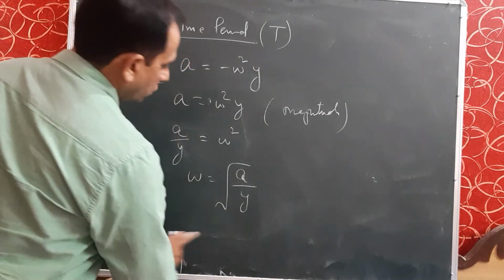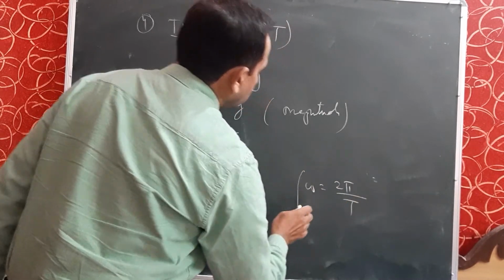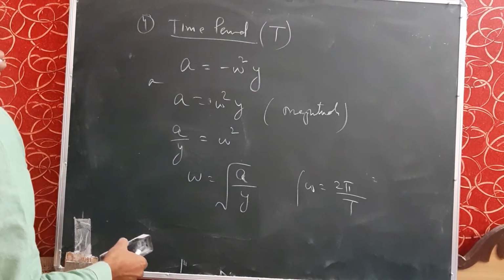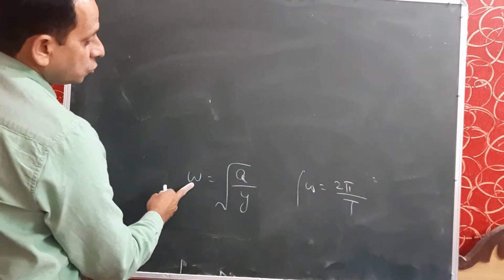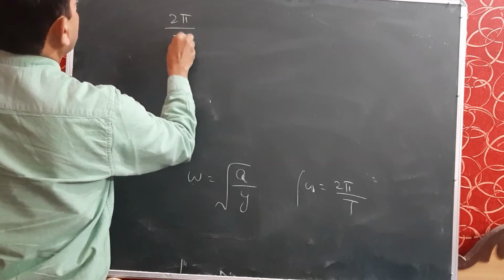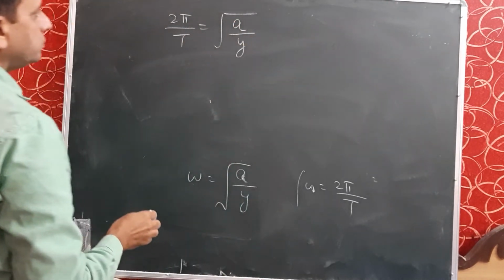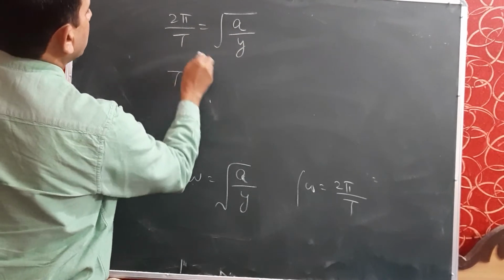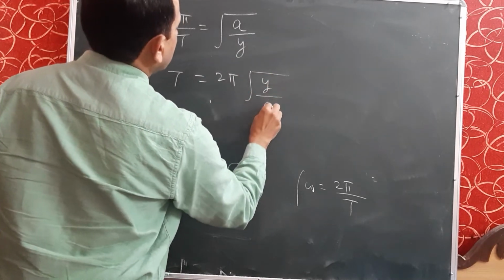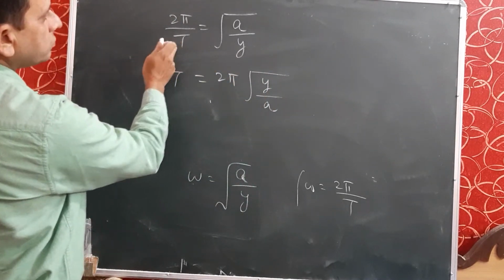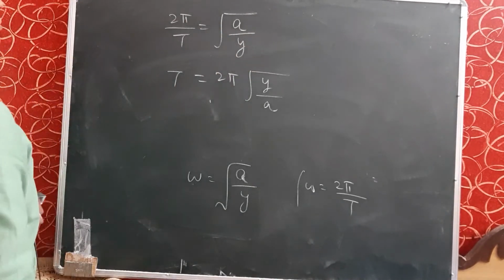You also know that omega is 2 pi by T. So putting omega as 2 pi by T, 2 pi by T is equal to under root of a over y, and T becomes 2 pi under root of y upon a, because T moves from the denominator to the numerator on the right hand side and the root goes to the left hand side.